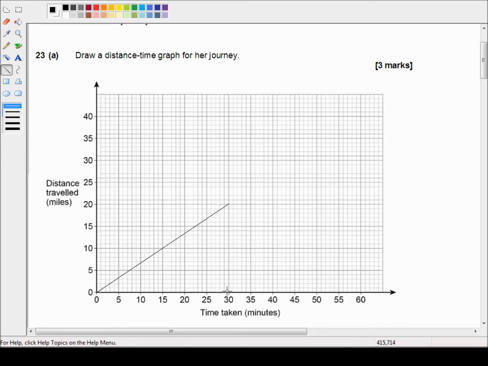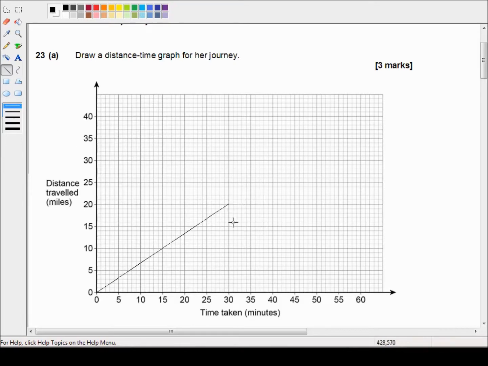Well, her speed does drop to 0, but her distance does not drop to 0. She's not going to immediately teleport back home again for 15 minutes. She's going to stay at 20 miles from her point of origin for 15 minutes. But because she's not going anywhere, that 20 miles is not changing. It's not going up, it's not going down.